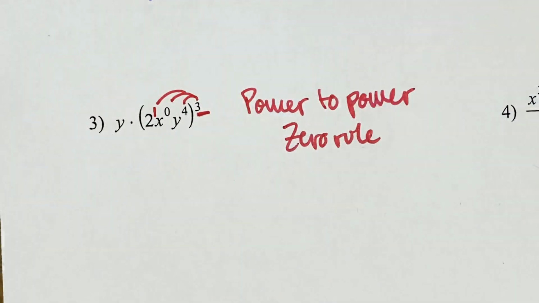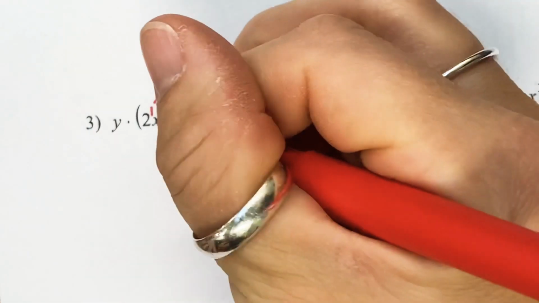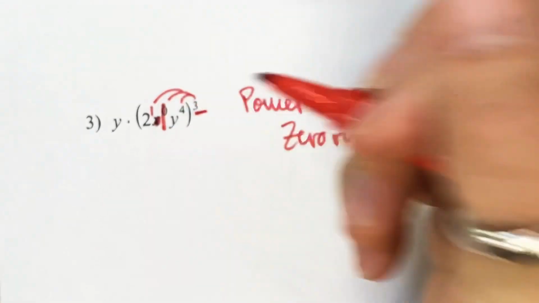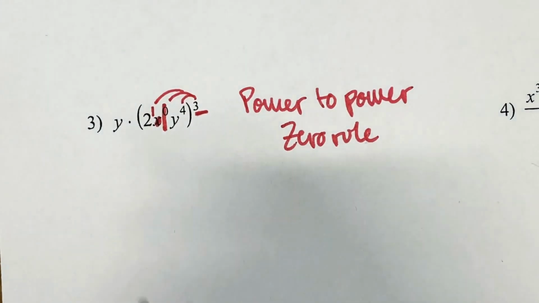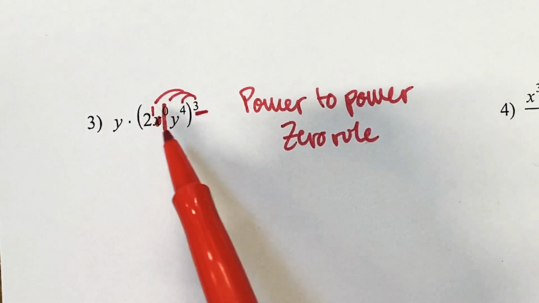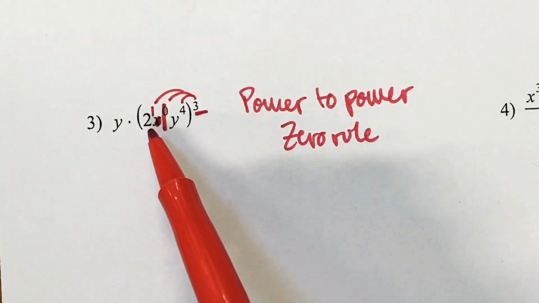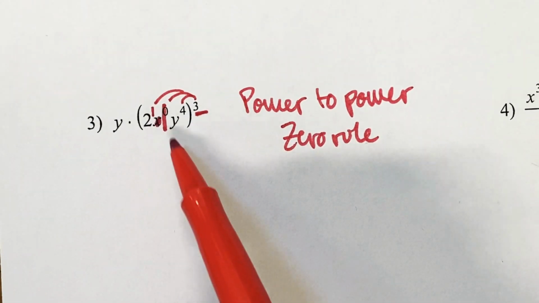What is anything to the 0 power? That's simply 1. That whole x just turns into a 1, so you don't even need the x. Whenever you multiply anything by 1, it stays the same, so technically we don't even need that 1 anymore. So the only thing we need to multiply is this 2 to the first and y to the 4th.